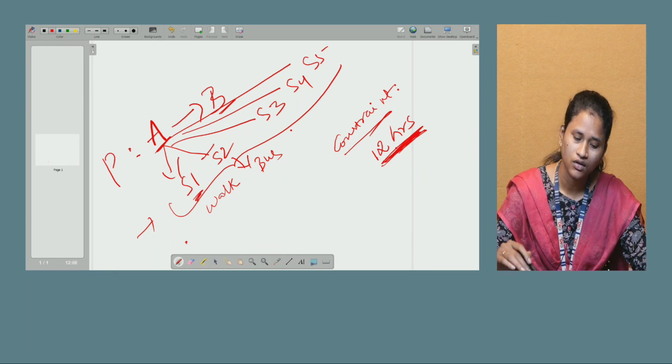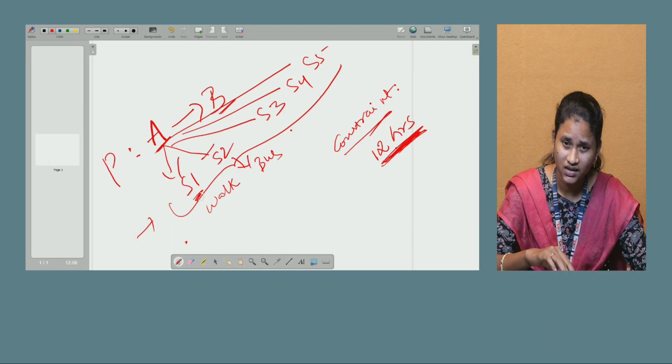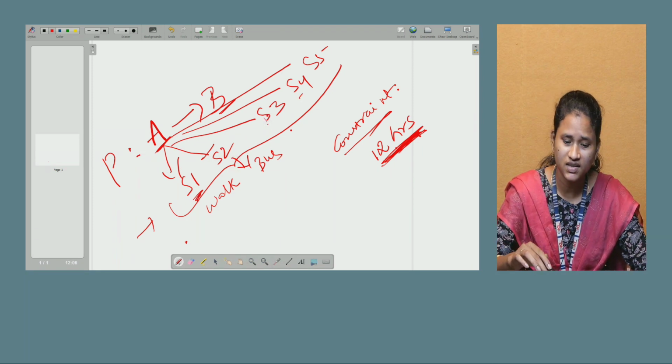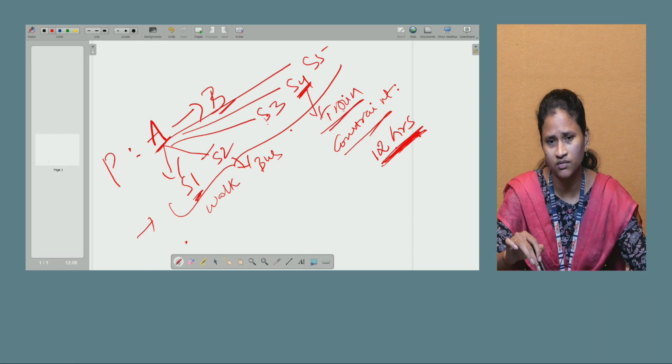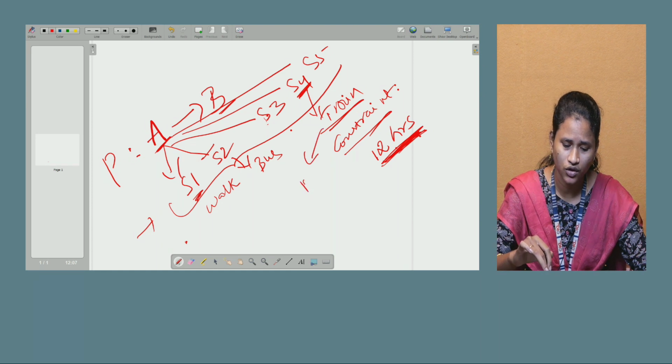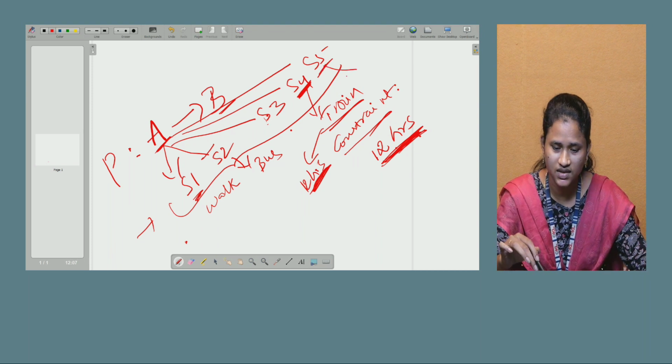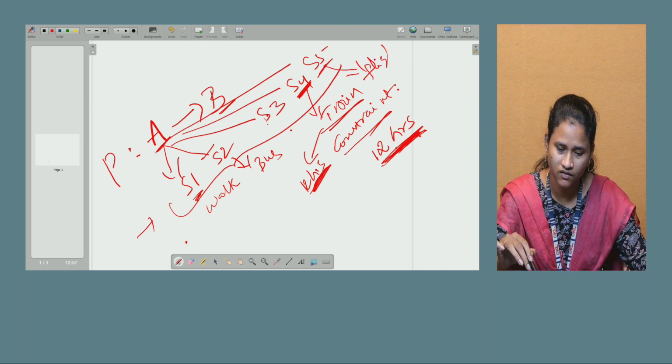Let us consider that by walk it is not able to reach the destination within 12 hours, by bus not able to reach, and by car not able to reach. Let us consider S4 belongs to train, so we can reach the destination by train within 12 hours. So we can consider this as one of the possible solutions. And S5 is considered as flight.